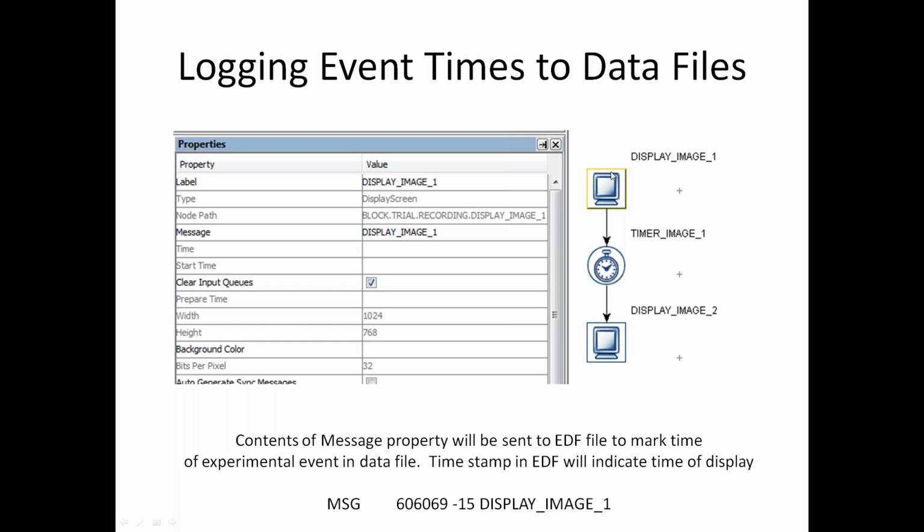So in other words, the simple version of the story is that at the time this is displayed, this message text is going to be sent over the Ethernet connection and marked in the data file to tell us, when we're looking at the eye tracking data, when this stimulus appeared to the participant.